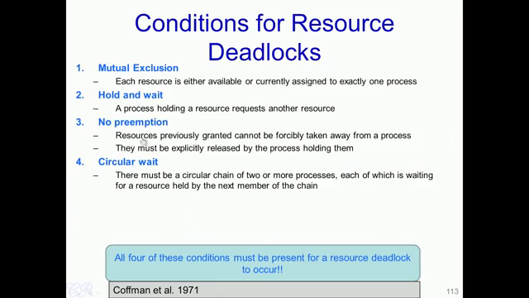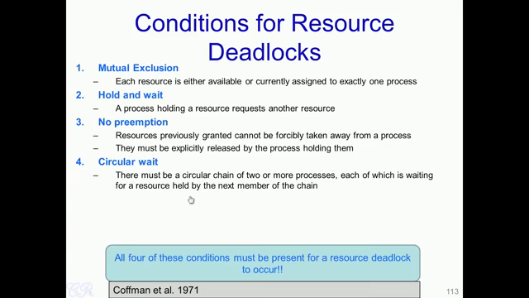So, these 4 conditions, mutual exclusion, hold and wait, no preemption and circular wait, must be present in the system in order for a deadlock to occur.